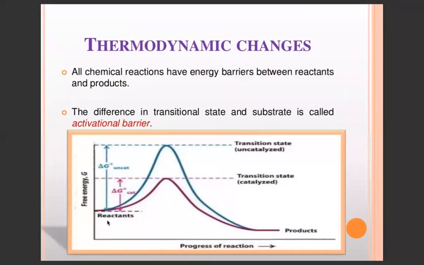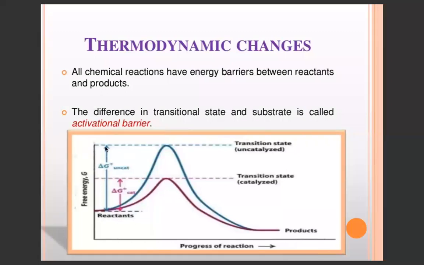If you see the free energy of the reactants and the products, this is the transition state of the uncatalyzed reaction, and this is the transition state of the catalyzed reaction. You see this difference. This is due to the presence of an enzyme. So the enzyme reduces the transition state energy of a reaction.